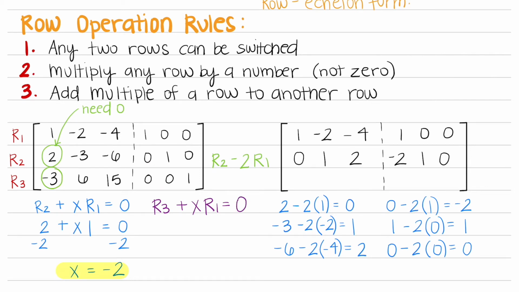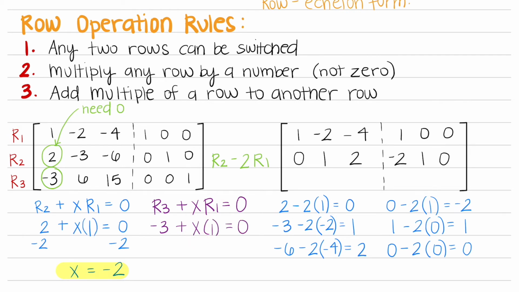So let's find our multiple. We'll plug in our R3 and our R1. R3 is the first term in our row 3, which is negative 3, plus x times the first term in our row 1, which is 1, equals 0.